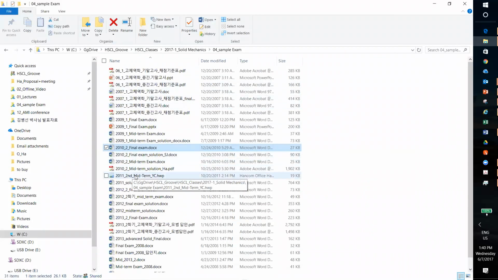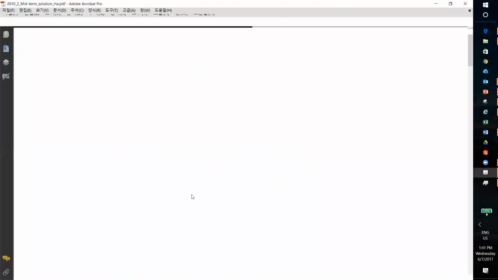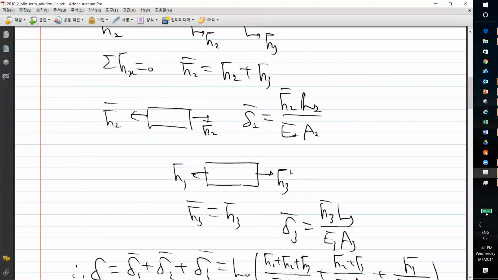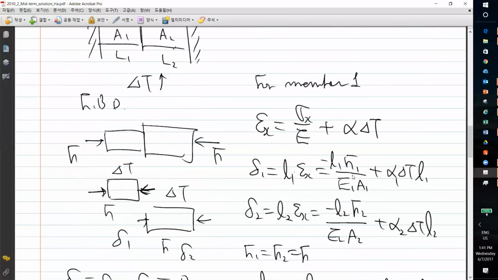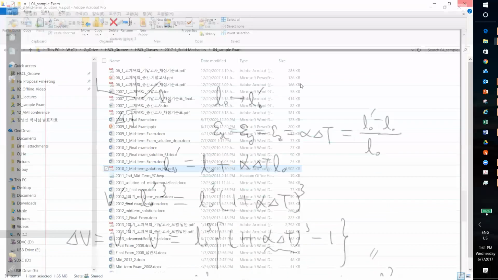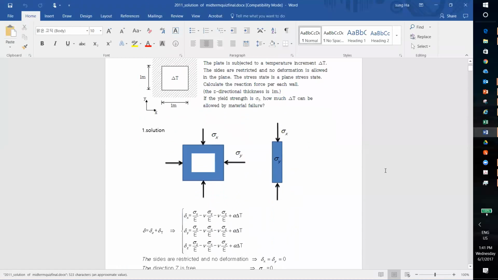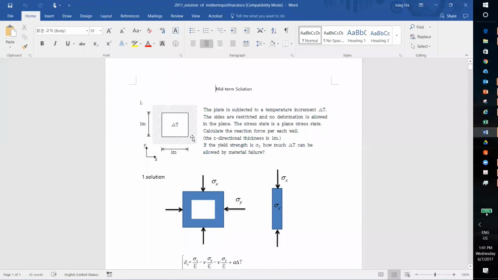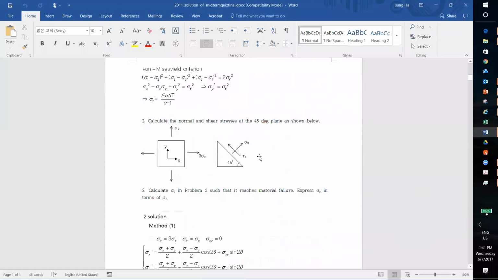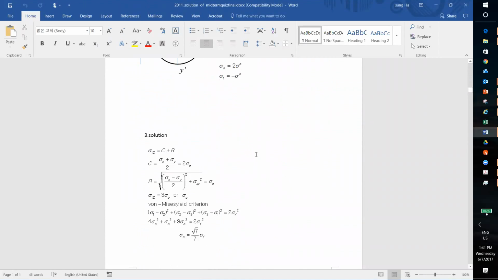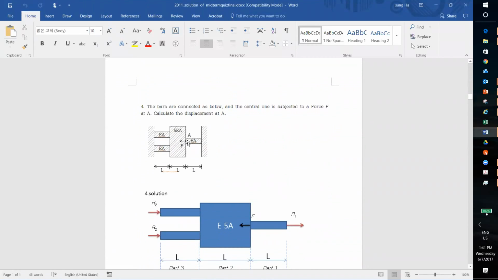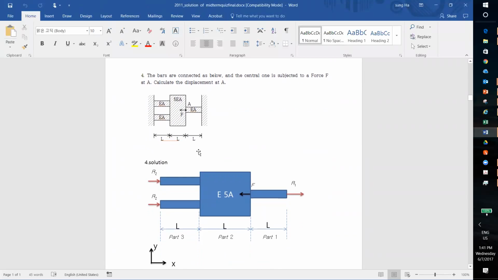Let's go through another one. In 2011, there are just solutions, and a midterm with a block, Mohr circles, and tension, but we have multiple structures connected together, and there's a load.